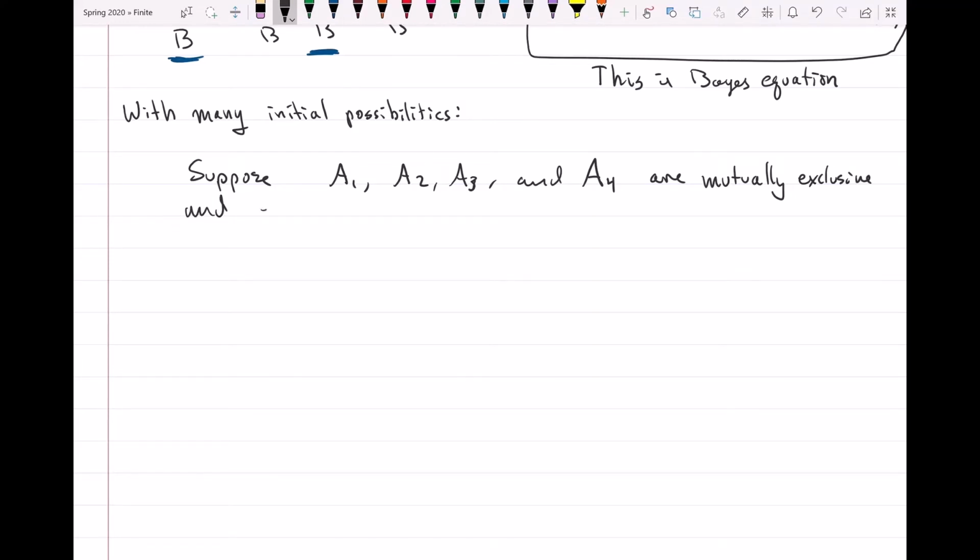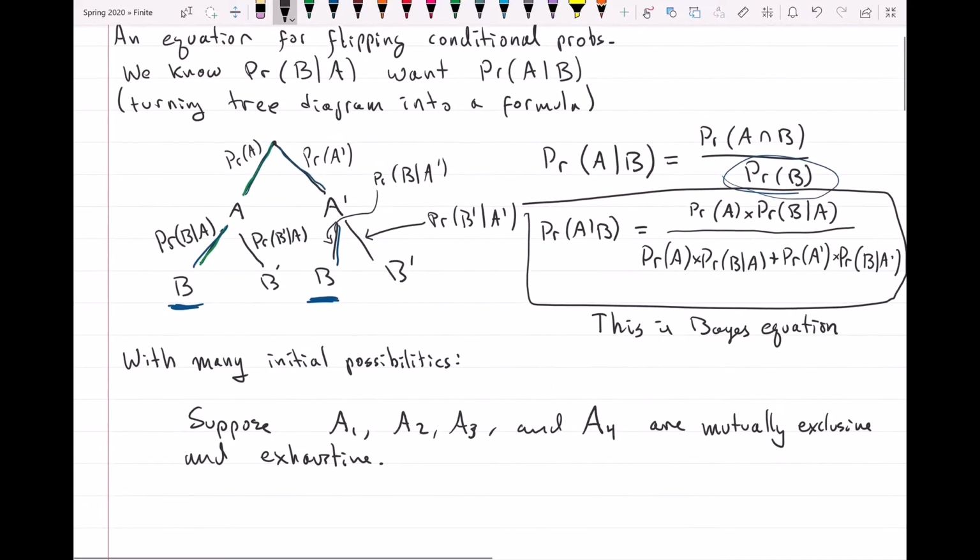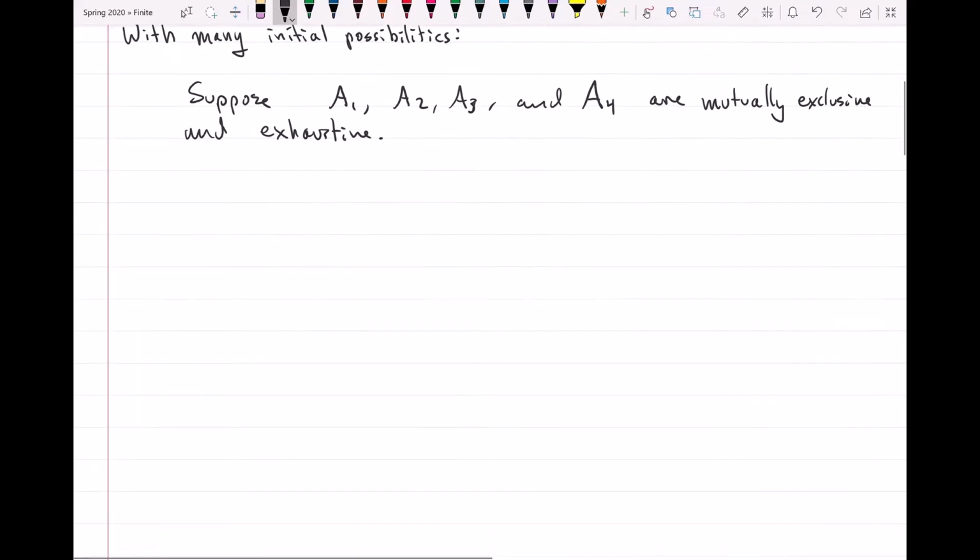What that means is that anything has to land in one of these, and it can only land in one. These partition the space into 4 possible things. Before, our mutually exclusive and exhaustive possibilities were A and A complement. Here, we're going to have 4.